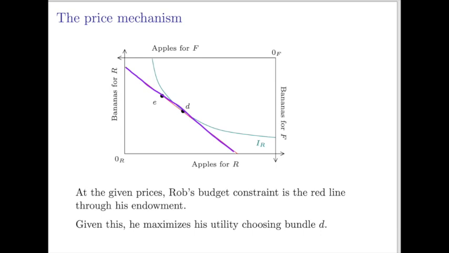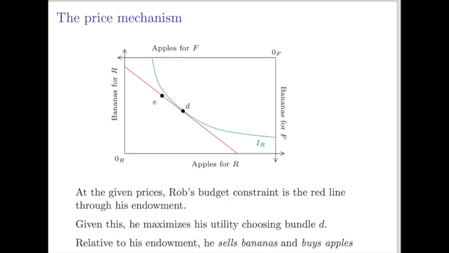Let's suppose at these prices, when Rob picks his optimal bundle, it happens to be D. Now, relative to his endowment, remember, he was endowed with this many bananas. At D, he's consuming this many bananas. So he's getting rid of some of his bananas.